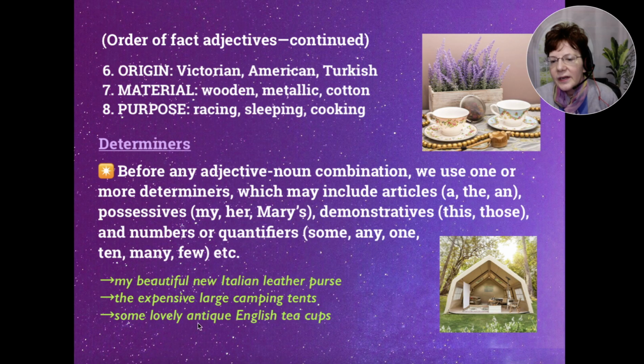And the expensive, large camping tents, some lovely antique English teacups. This one, for example, lovely is for opinion, antique, age, English, that would be nationality, and tea, that would be what these cups are used for, drinking tea.